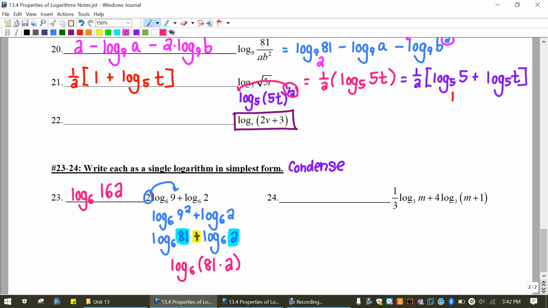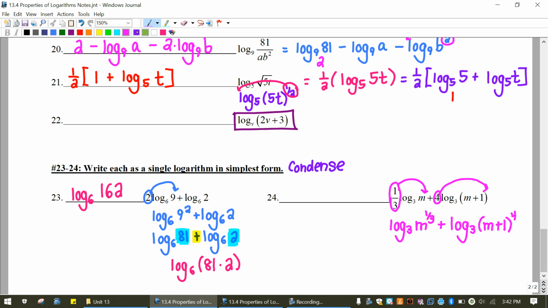All right, we're going to do the same thing over here on number 24. Take these numbers in front and make them exponents on what follows the log. So we've got log base 3 of m to the 1/3 power plus log base 3 of m plus 1 to the 4th. So now you've got addition between these two logs.